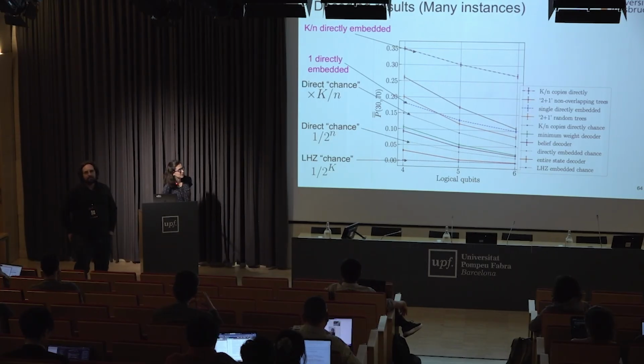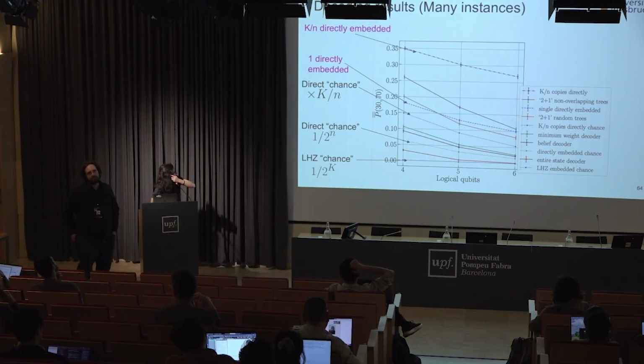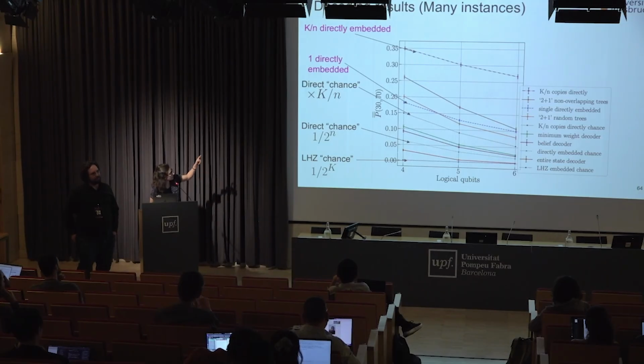So if we were talking about 5 logical qubits, then in the LHZ that's 10 logical qubits, I think, yes. No, in my case, it's 15. So 15 logical qubits. Then, if you divide this 15 by 5, you get 3.